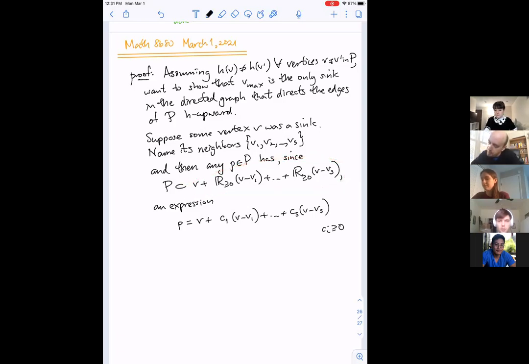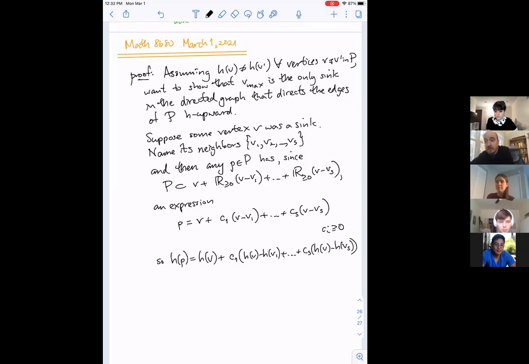And so what does that mean? That the value at that point of the polytope is the value at v plus c1 times (h of v minus h of v1) plus dot, dot, dot, plus cs times (h of v minus h of vs).